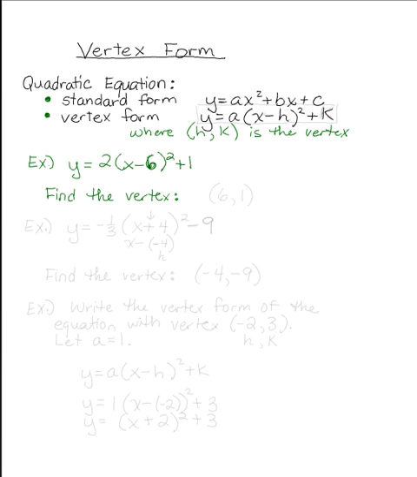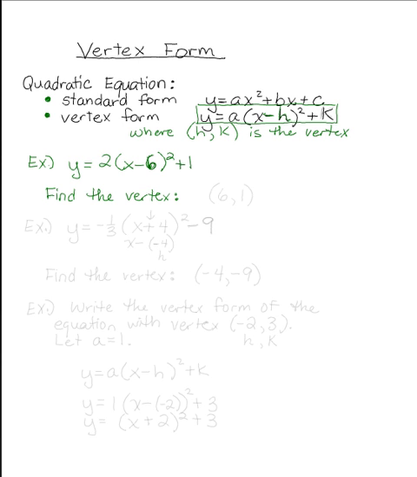Finding the vertex when the equation is written in this format is very nice because you can see the vertex in the format it's written. If you look again at the vertex form, you'll see that h appears after a minus sign.